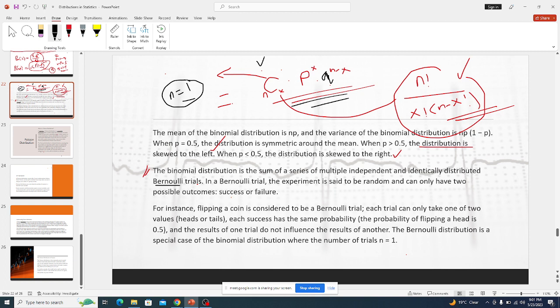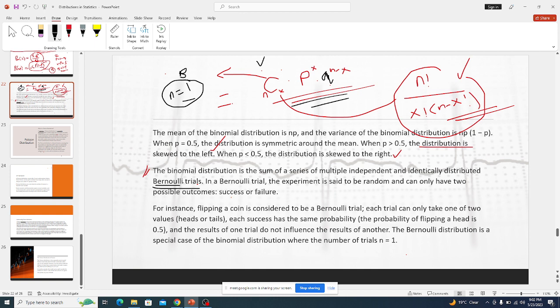But if we have more than one trial, now we are talking about binomial distribution. So in binomial distribution, when n is equal to 1, then we obtain the Bernoulli distribution.